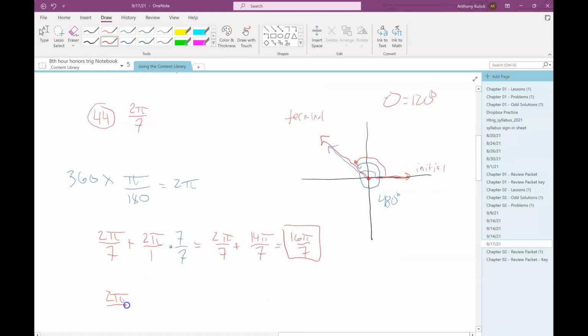So I'm just going to do the same thing, 2 pi over 7, but this time I'm going to subtract 2 pi. I'll make my common denominator. And that gives me negative 12 pi over 7. So there's a negative angle.